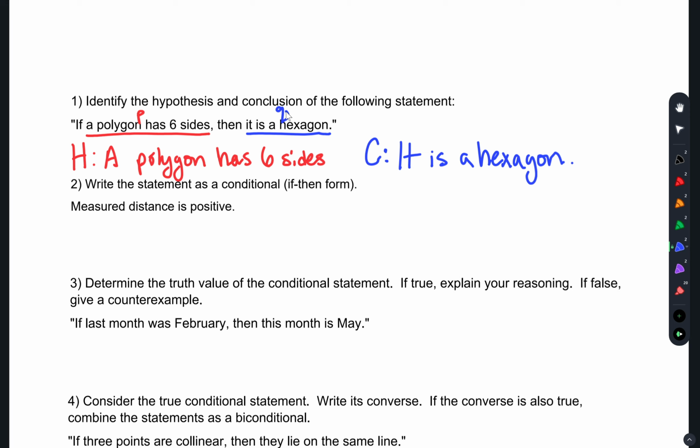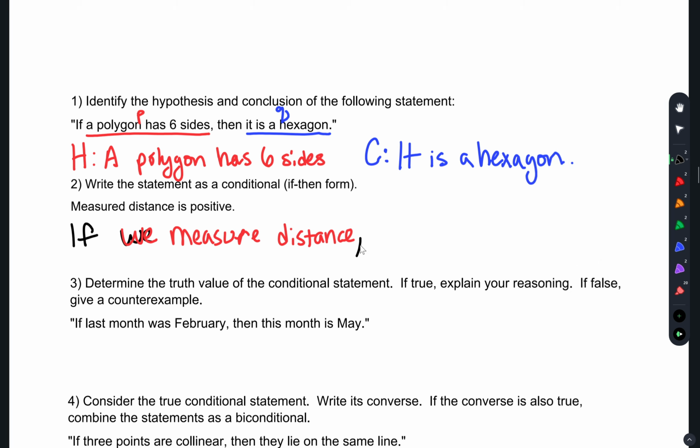If we do what? What are we doing here? If we... Casper? Perfect. If we measure distance. So we measure distance, that's our hypothesis.